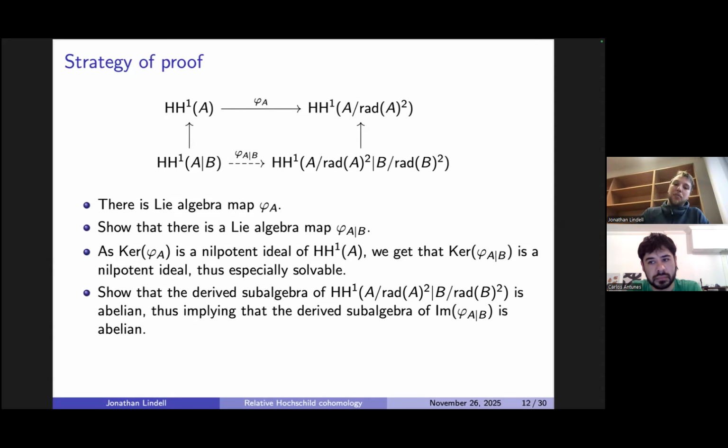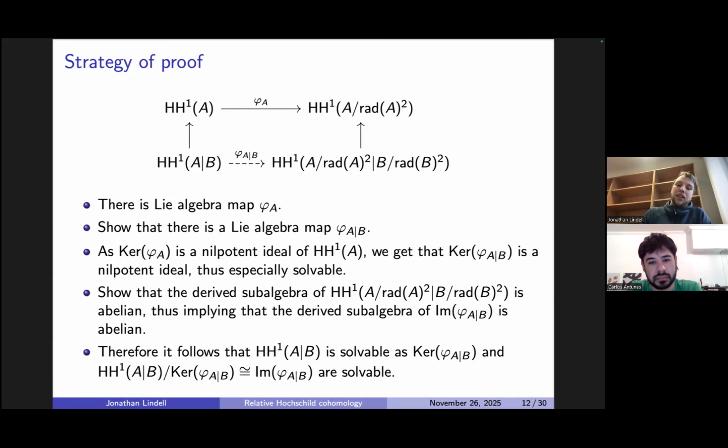But then we have that the image is solvable and the kernel is solvable, so we get that the relative part is solvable. And this is how we show this.